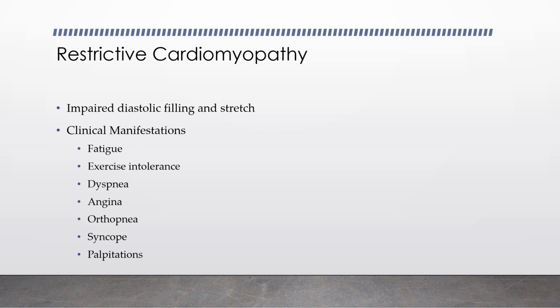So some of the clinical manifestations are directly related to our heart failure symptoms. And it's also important that we control the heart rate with restrictive cardiomyopathies because we want to preserve our diastolic filling to preserve our cardiac output. And that pretty much does it for our cardiomyopathies.